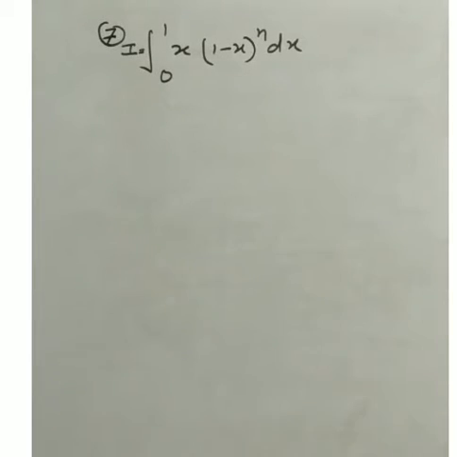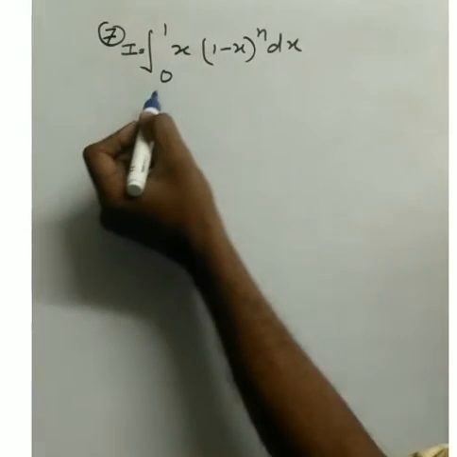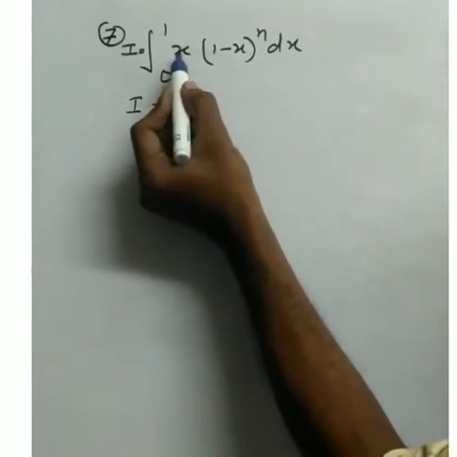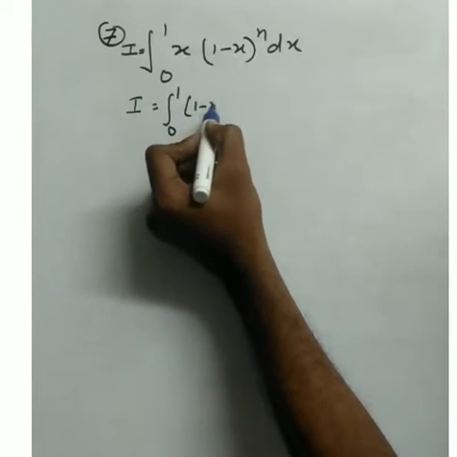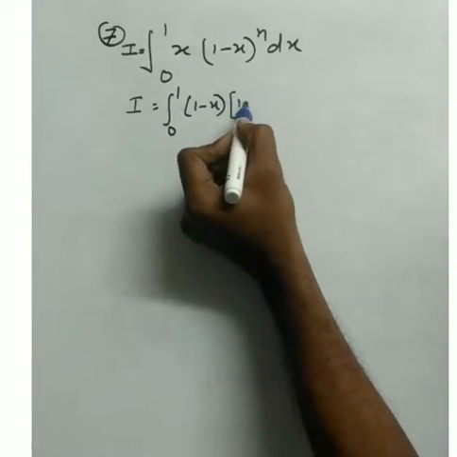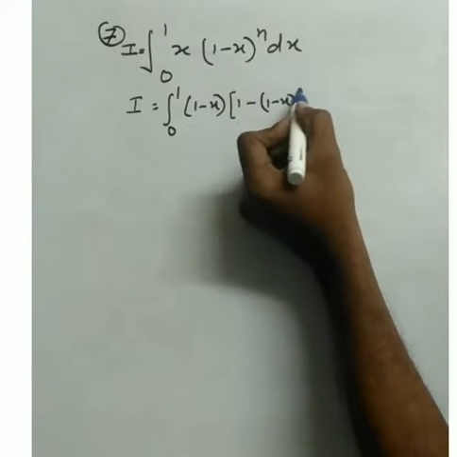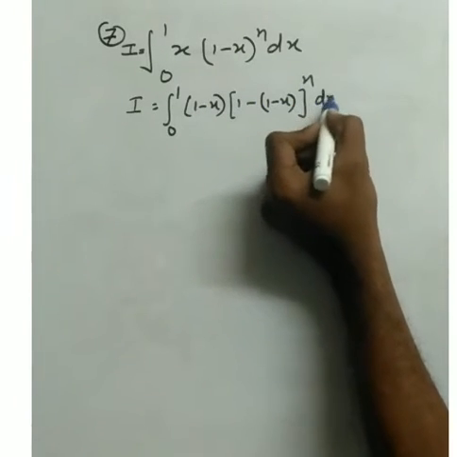Here we have to apply the property of f of a minus x. Integral from 0 to 1, this will be 1 minus x, and here 1 minus x, whole power n, and dx.